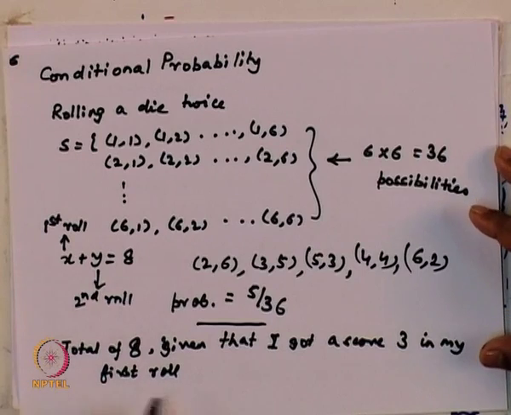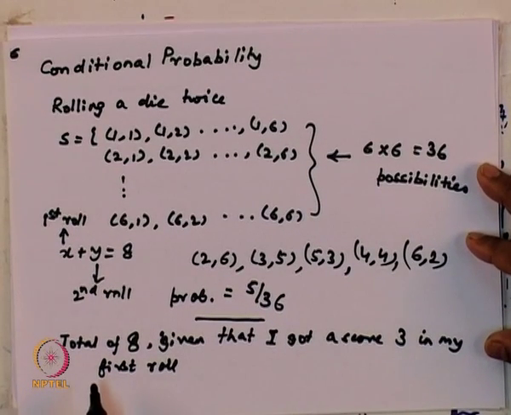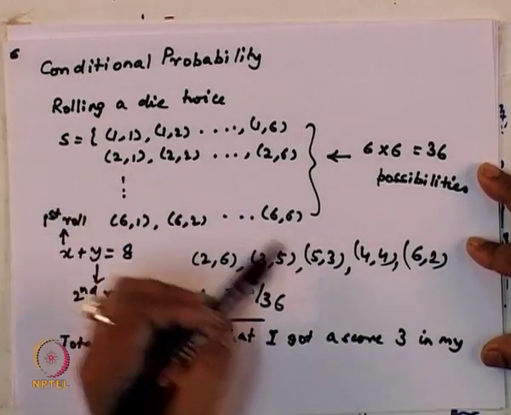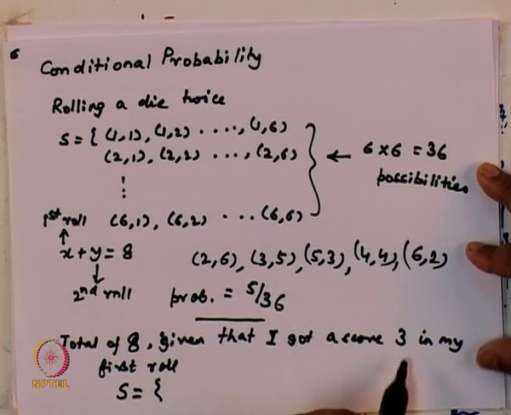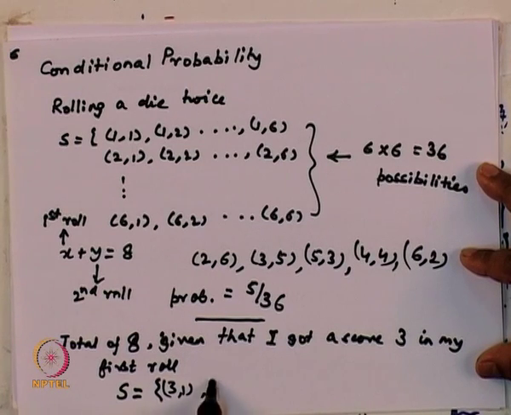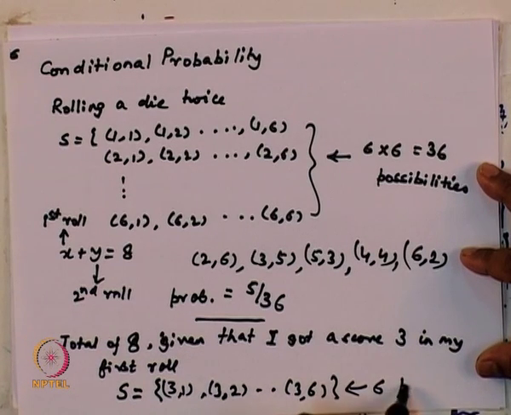Okay. So, what you see is the sample space. Now, instead of having 36 different possibilities, you only have 6 possibilities. Because I have said my first score is 3, my possibilities are simply (3, 1), (3, 2), and so on. This is 6 possibilities.